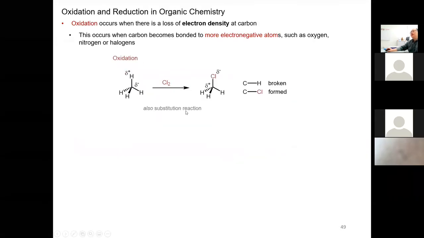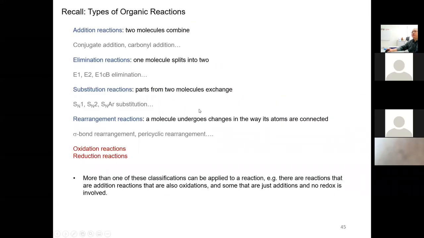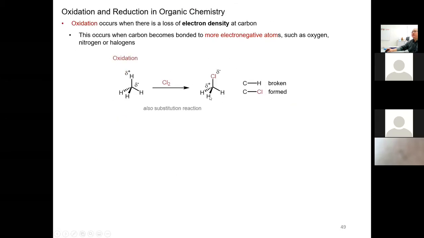To show you an example, if we have methane react with chlorine, it is a substitution reaction, right? In a substitution reaction, parts from two molecules exchange.